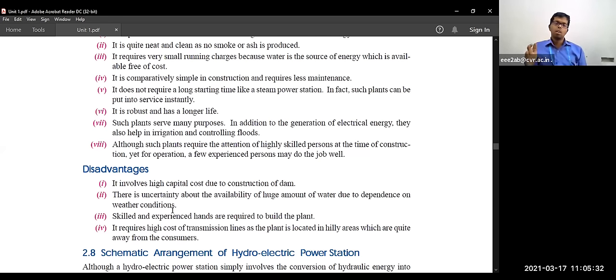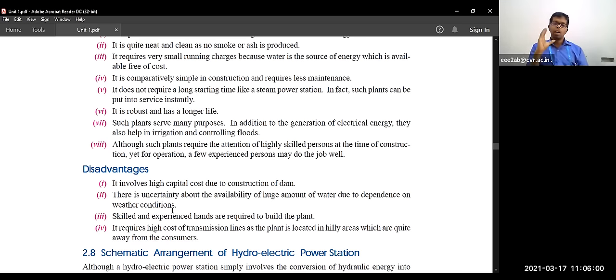Design and all, based on the location, you have to change the design. Generally the dam construction might be common, but based on the location, based on the hilly regions, you need to construct the dam accordingly. That needs some experienced hands, so that you can extract the maximum potential energy from that water.